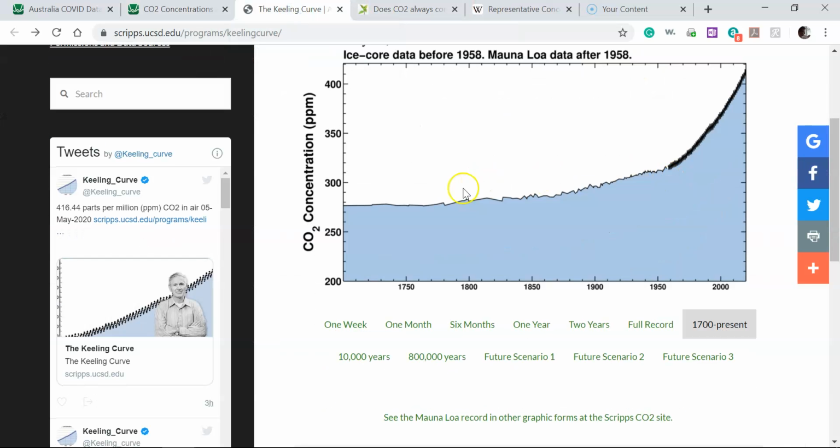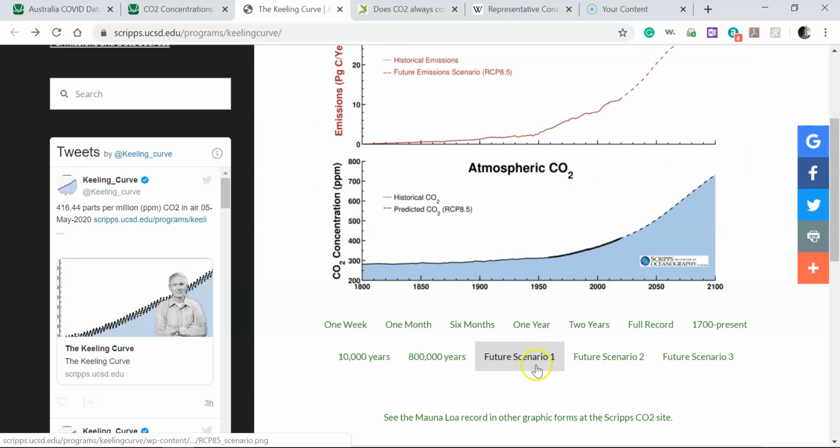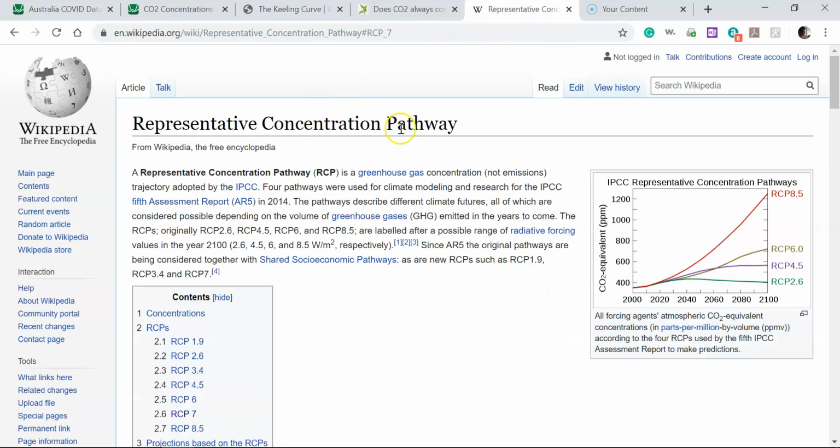If you look here, they give a few different future scenarios. You can dig into this a lot. There's a whole bunch of work that's being done. These representative concentration pathways are a bunch of different models that they've done to try to model this already. The 8.5 is if we don't do any mitigation and we just keep accelerating our use with increasing population densities and everything like that.